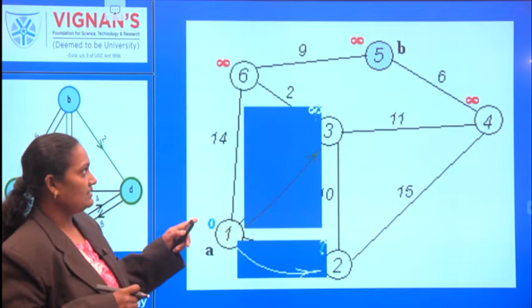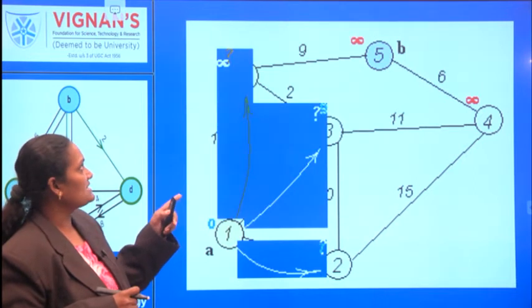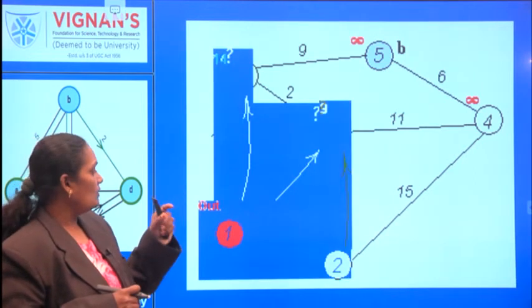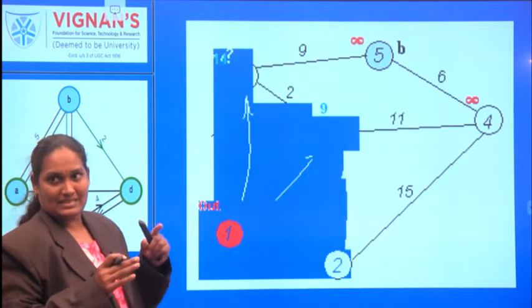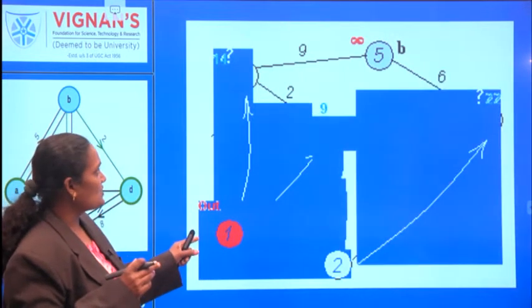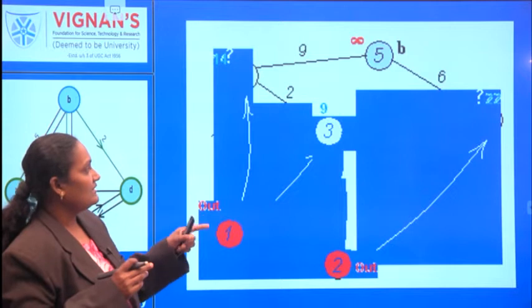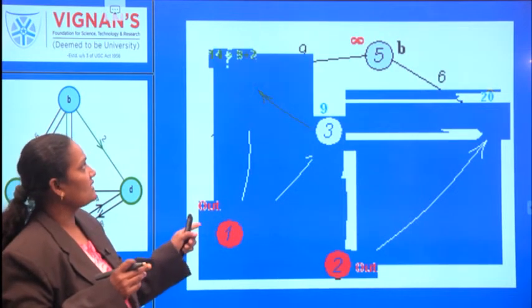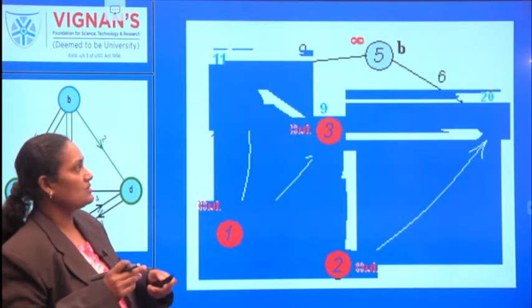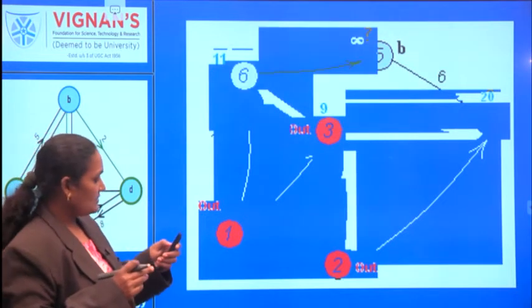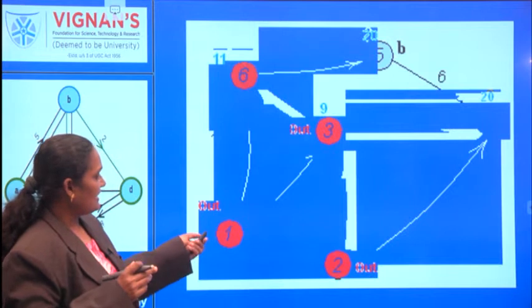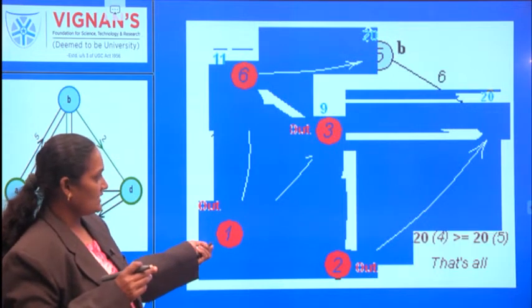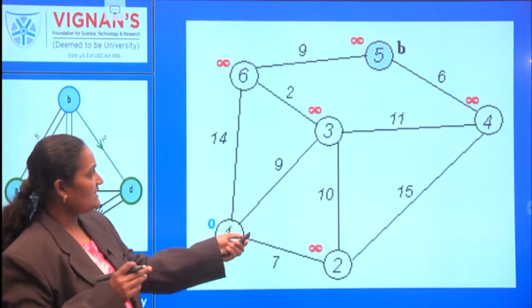Here I have given an example of just one source vertex. I have taken one vertex as the source and the remaining vertices as the destinations. What are the shortest paths from the source vertex to all the remaining vertices? So here we consider 1 as the source vertex and all the remaining become the destinations.